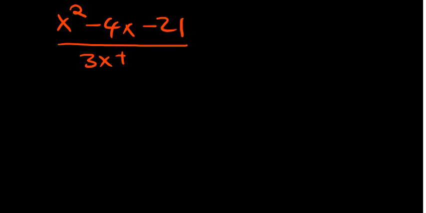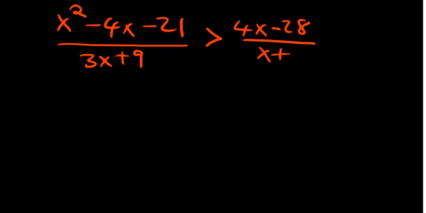So x squared minus 4x minus 21 over 3x plus 9 should be greater than 4x minus 28 over x plus 5. How would you answer that question?